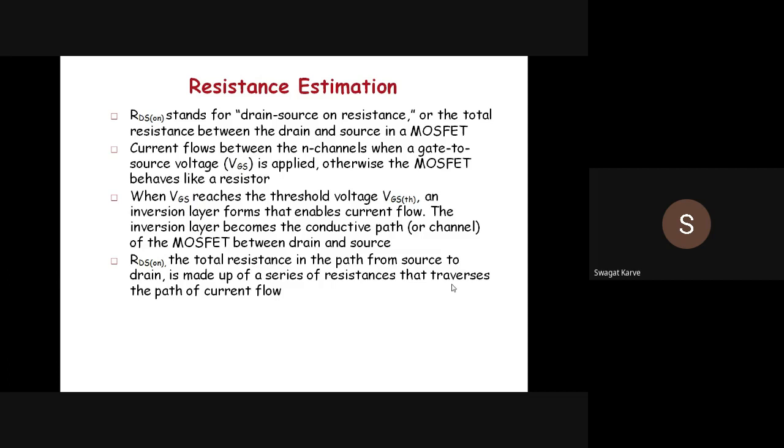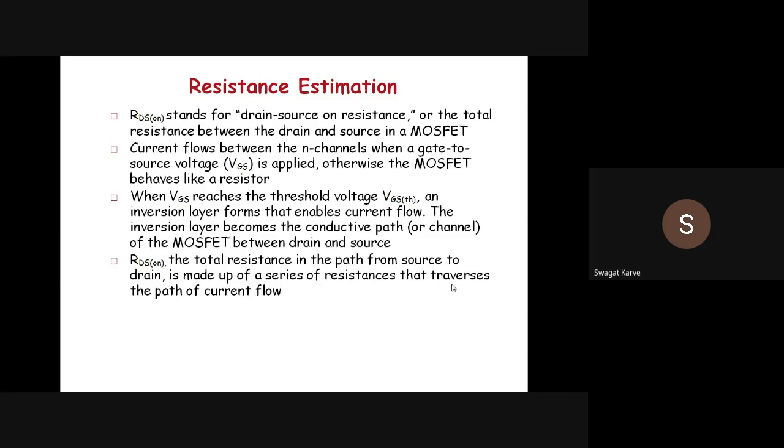Since this total resistance is between the drain and the source terminal, it is known as the on resistance, or RDS(on). This RDS(on) is the total resistance of the MOS transistor measured between the drain and source terminals. So we have to estimate this RDS(on), or total resistance, of the MOS transistor.